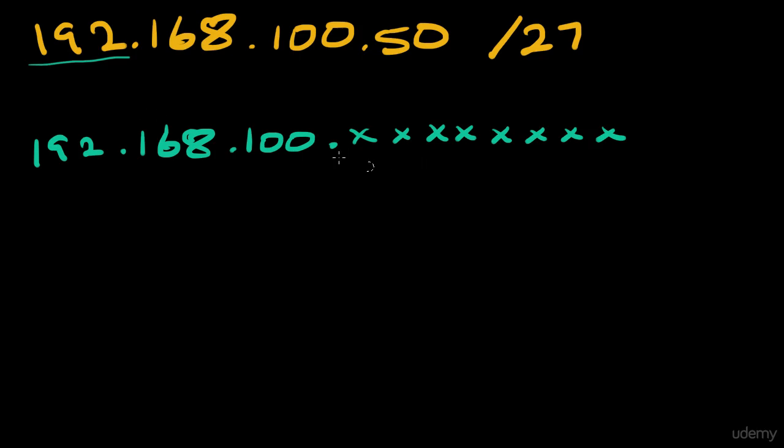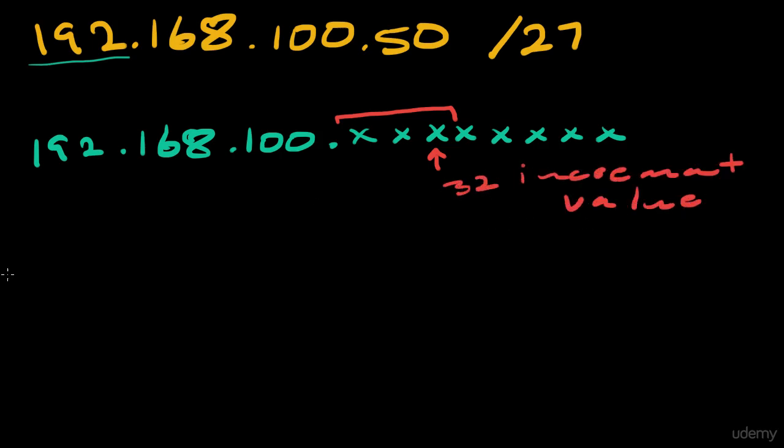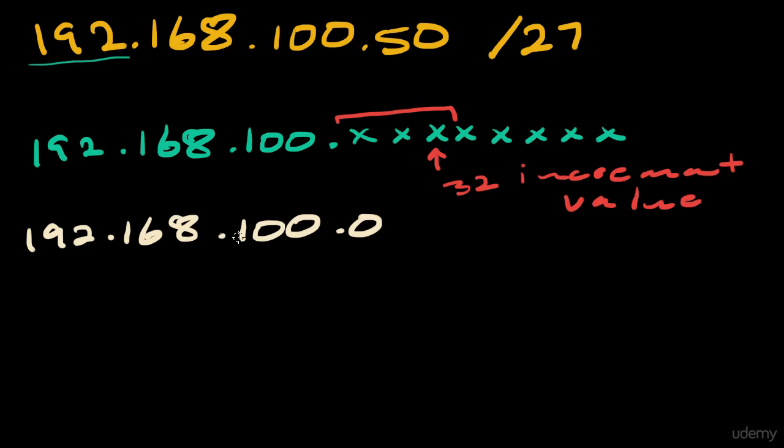/27 is covering the first 24 bits, 25, 26, 27. The first 3 bits of the last octet are therefore our subnet bits. This bit is therefore our increment value, which is 32. The subnets that they calculated therefore were 192.168.100.0/27.